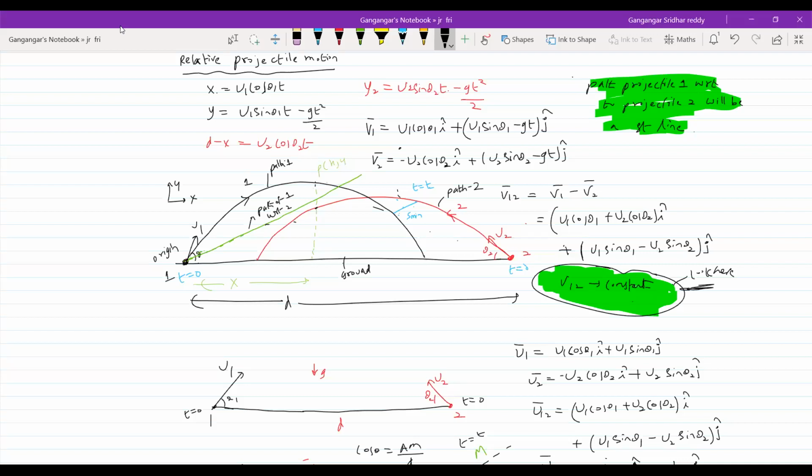So from the diagram, the M should come somewhere here. Dot I'm putting. Somewhere it should come perpendicular, not up to scale. This is theta 1.